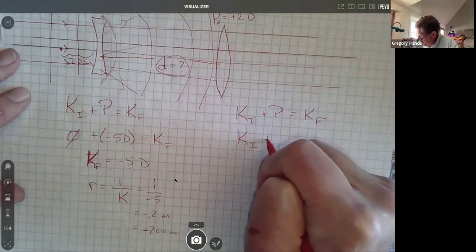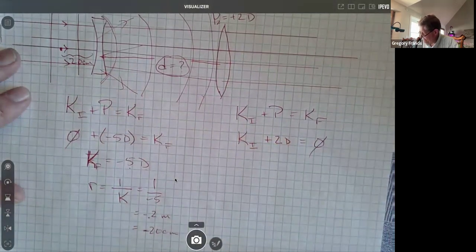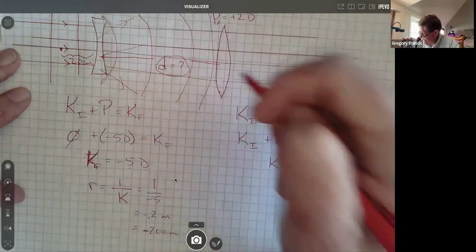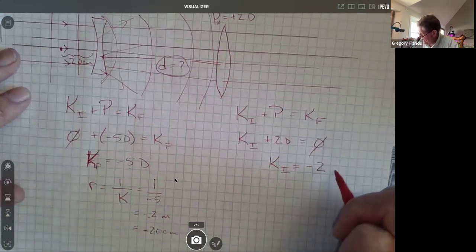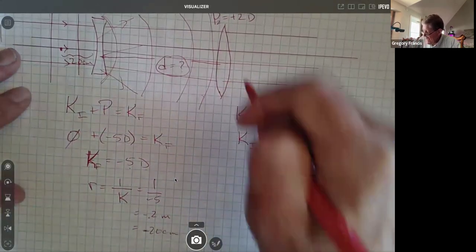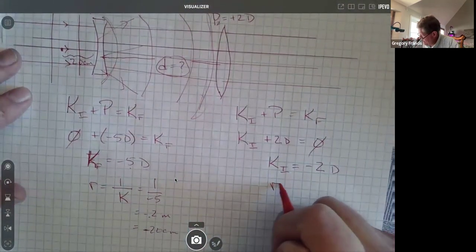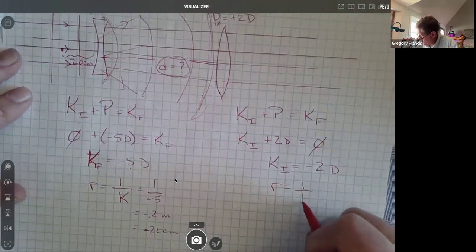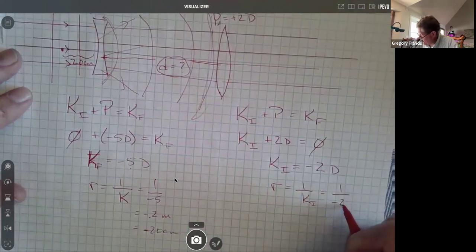But if we add +2 diopters, it gives us a total of 0. So that tells me my K initial right at the left side of that lens, it better be -2 diopters. And that's a circle that appears to be coming from a radius of, let's see, 1 over K initial would be 1 over -2.